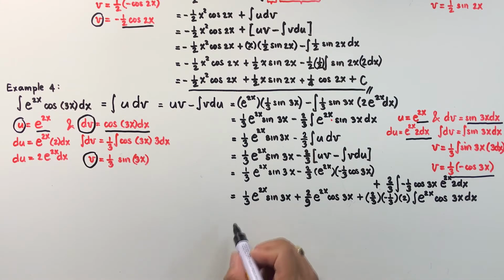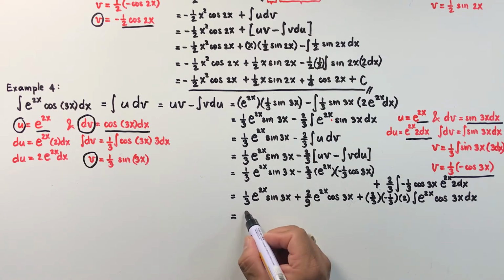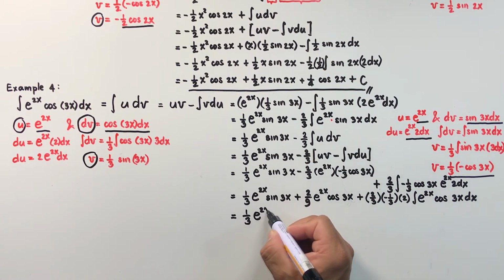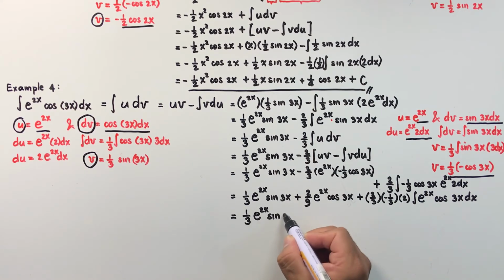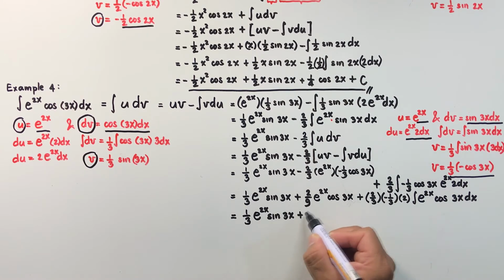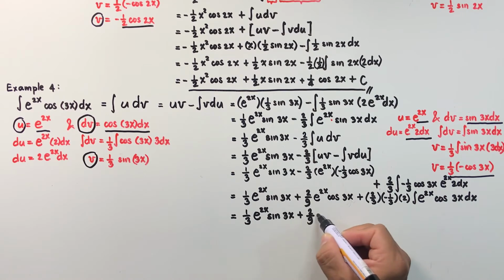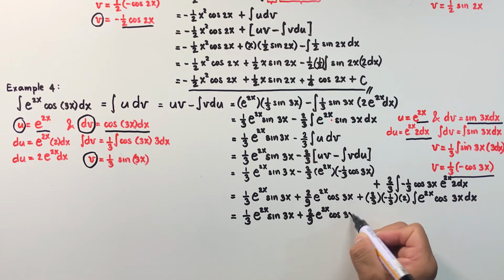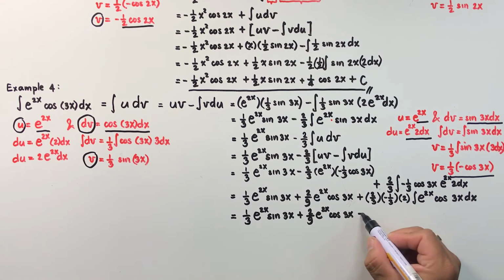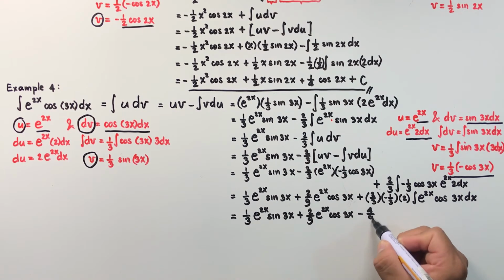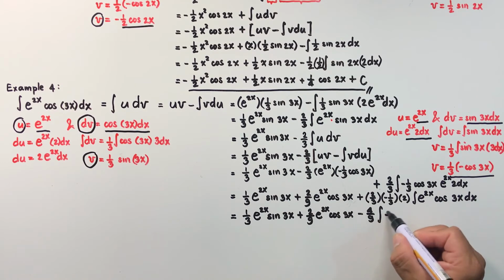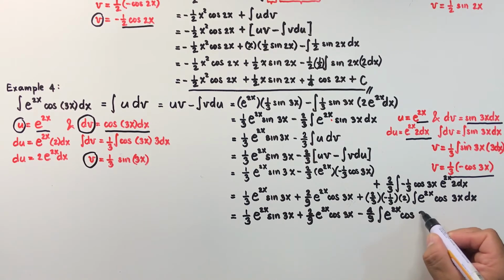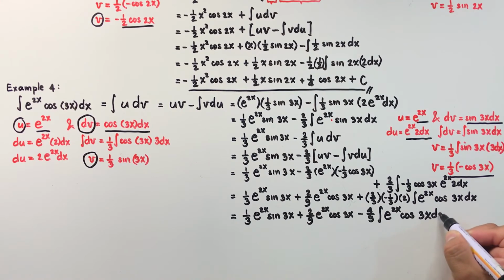So simplifying our answer here, which is 1/3 of e to the power 2x sine 3x added to 2 over 9 of e to the power 2x cosine 3x minus 4 over 9 of the integral of e to the power 2x cosine 3x dx.